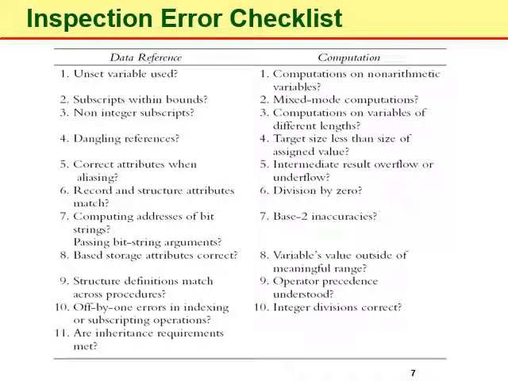For example, we may look for whether any unset variable is used. Similarly, are subscripts within bounds, are there any non-integer subscripts? Similarly, are there any dangling references or references to non-existent objects? Similarly, correct attributes when aliasing. So there is in fact a long list.